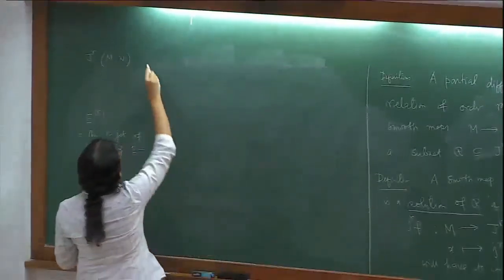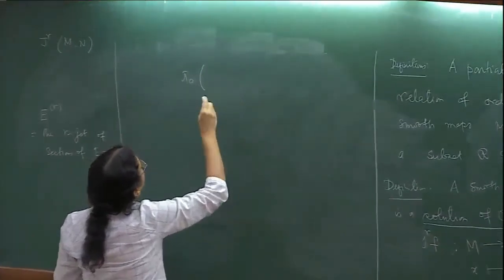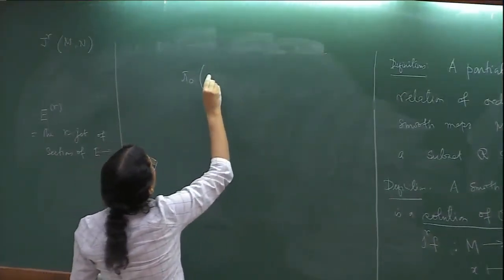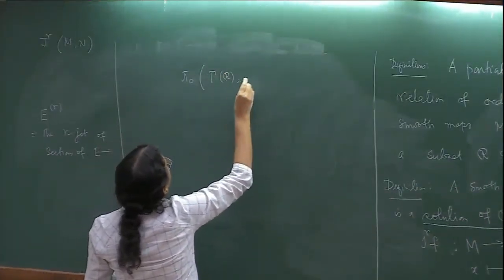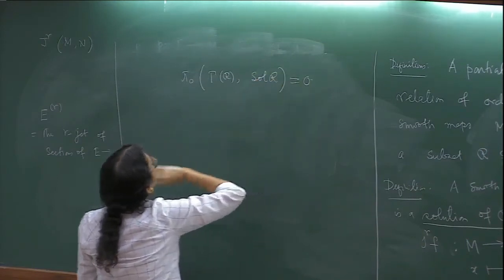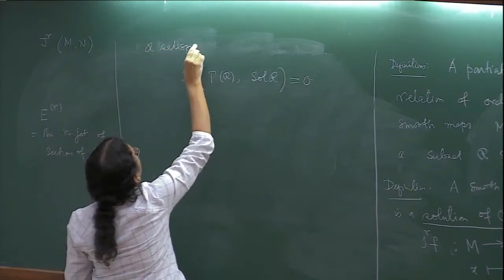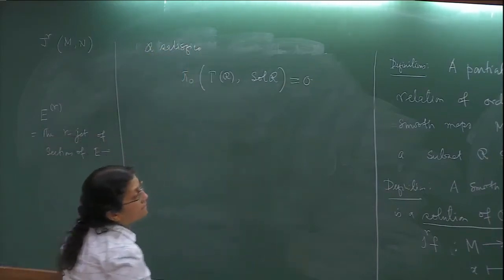So this statement can be equivalently written as this: that this relative homotopy group is 0.